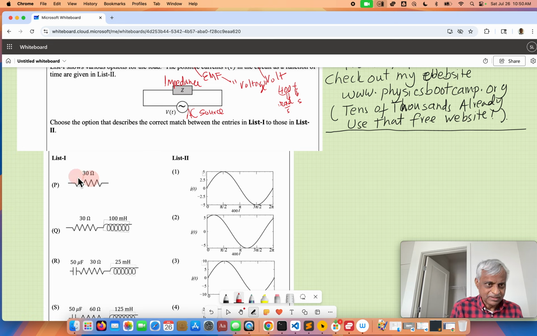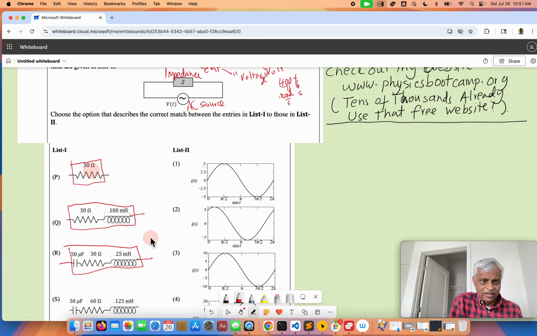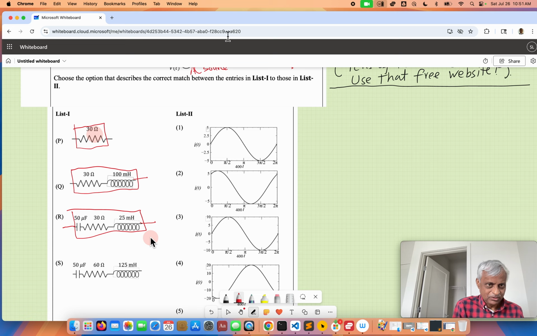In this case, Z stands for this element together, and over here it stands for this whole thing. You can see these are all different values of Z: Z for part P, Z for part Q, and Z for part R.